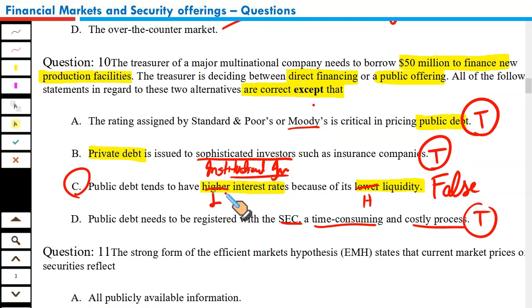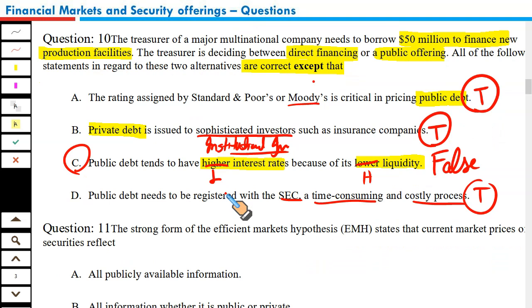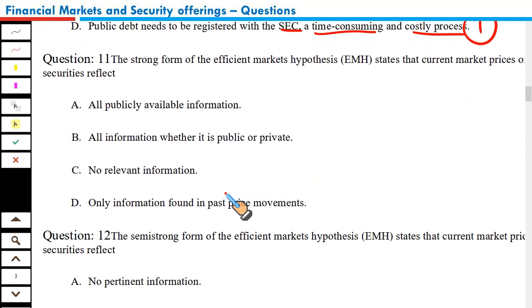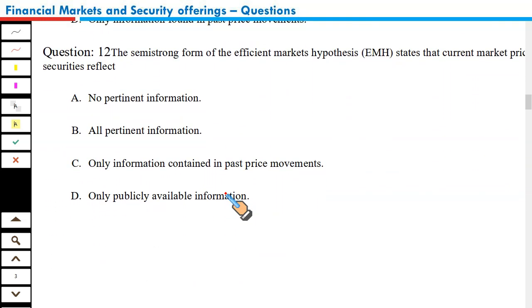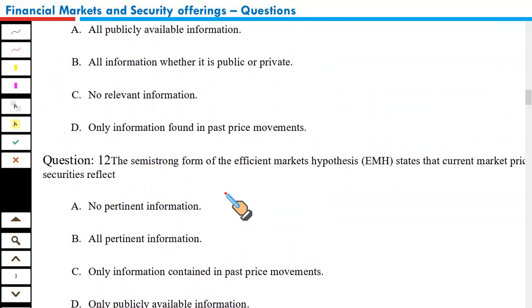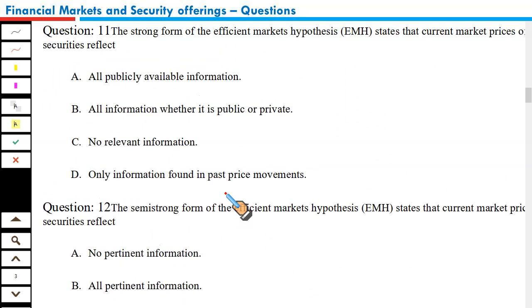Moving on, question number 11. The strong form of efficient market hypothesis states that the current market price, we have learned the efficient market hypothesis. There are three market forms: weak form, semi-strong form, and the strong form.